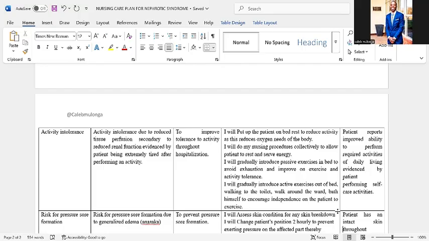Evaluation. Patient reports improved ability to perform required activities of daily living, evidenced by patient performing self-care activities.